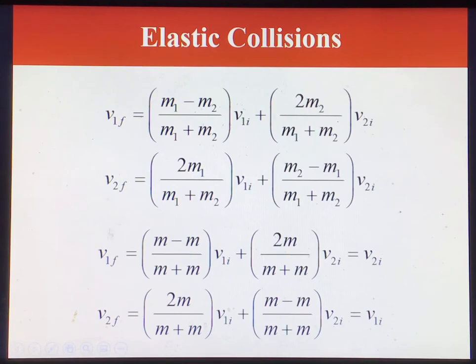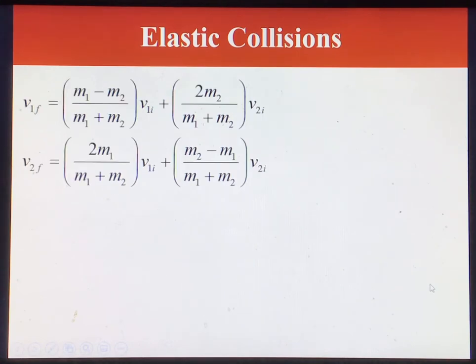So what this is saying is that if you have two masses that are the same, then after the collision, there is just a transfer of the energy in such a way that V1 final becomes V2 initial, and V2 final becomes V1 initial.